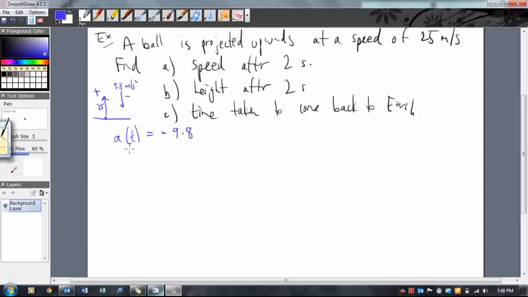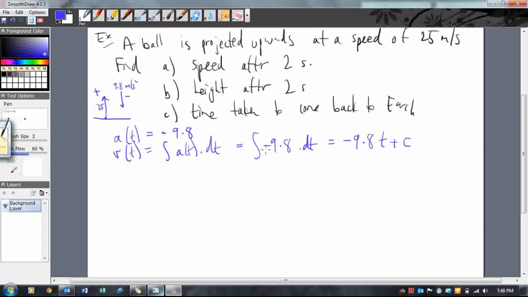Okay, so let's do this. The velocity function will be the integral of a of t dt, which is equal to the integral of negative 9.8 dt. If we integrate that, we get negative 9.8t plus c.